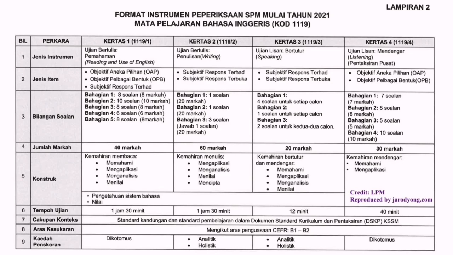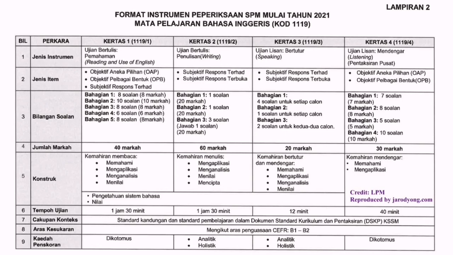As you can see here, it is important for you to learn about paragraph expansion because for Part 2 and Part 3, each one of the parts carries 20 marks. In total it will be 40 marks.